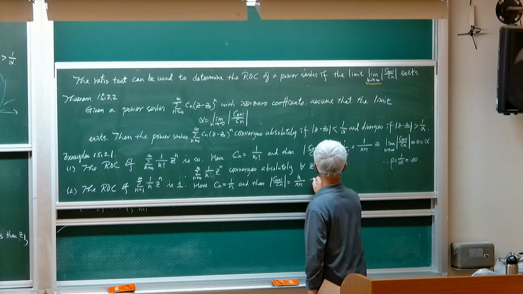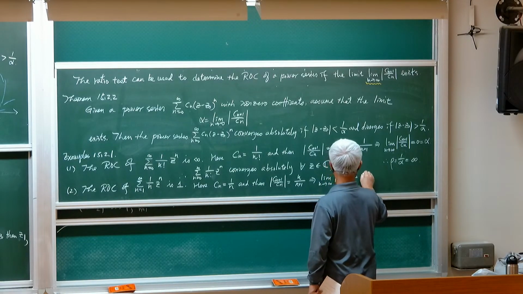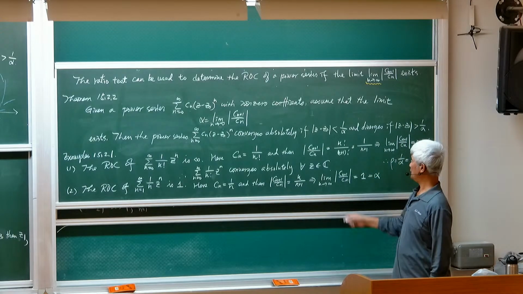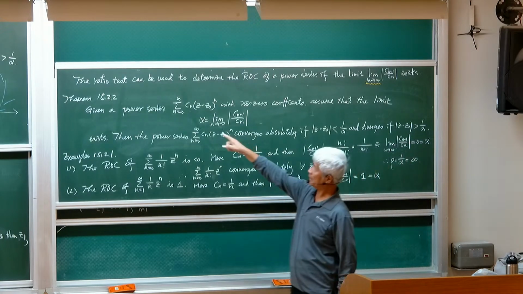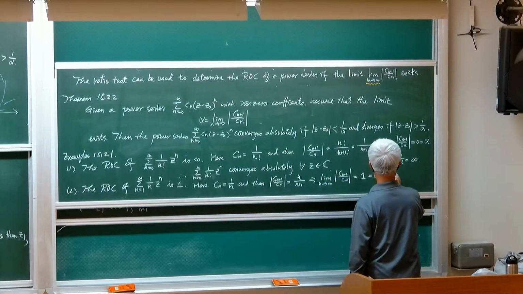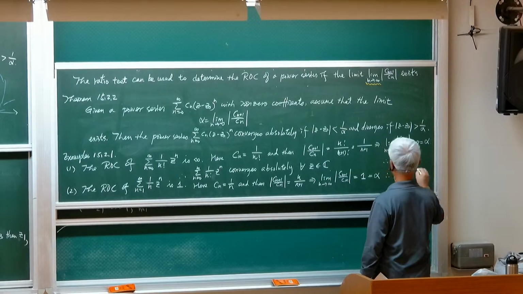For this ratio, we know that the limit goes to 1, which is alpha. So this limit exists, so we can apply theorem 15.2.2, so that the ROC is equal to 1.